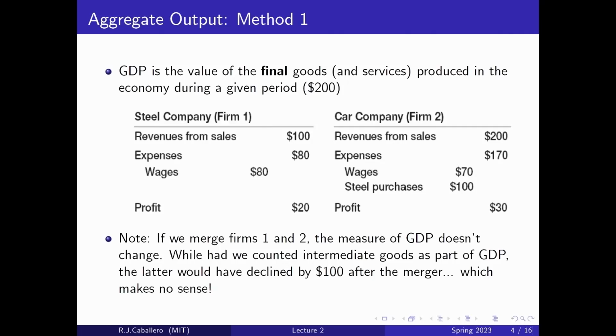And final goods in this simple example, well, this company is not producing anything as a final good because all its sales are going as an input into other companies' production. And so this one doesn't count at all in our simple example. This one counts, and then the answer is $200. Not 300, but $200.